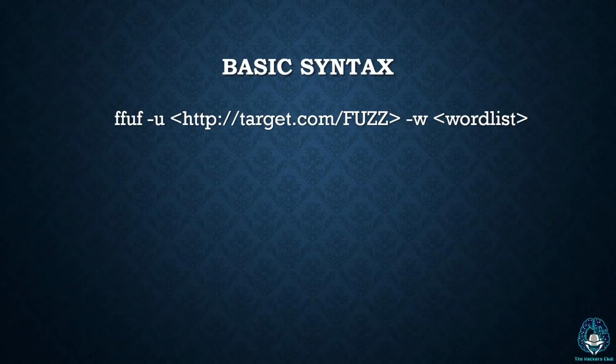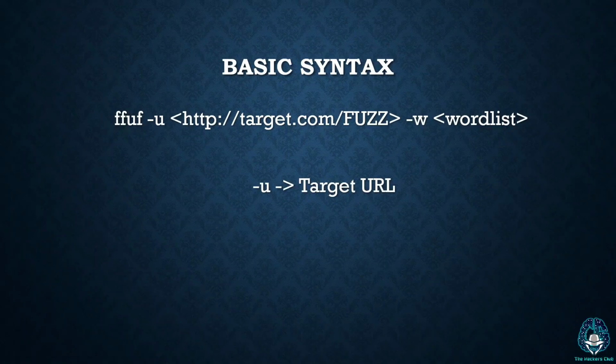So the basic syntax to run the FFUF tool is to type ffuf -u to specify the target URL, and the FUZZ keyword is a placeholder where FFUF is going to inject the different inputs or payloads from the word list and record the responses. To specify the word list, you use -w and then the path to the word list.